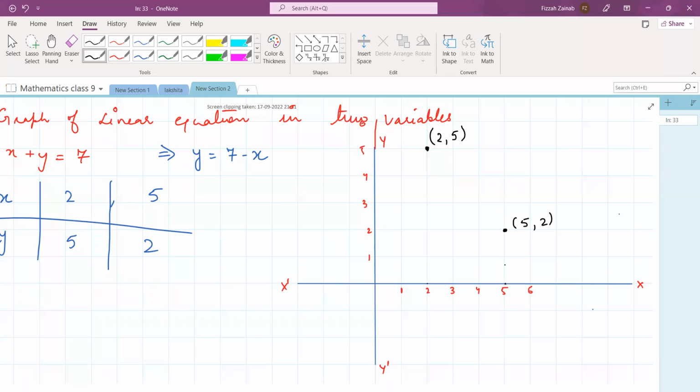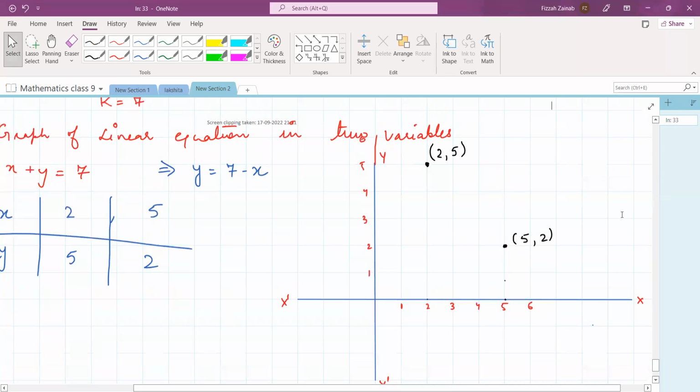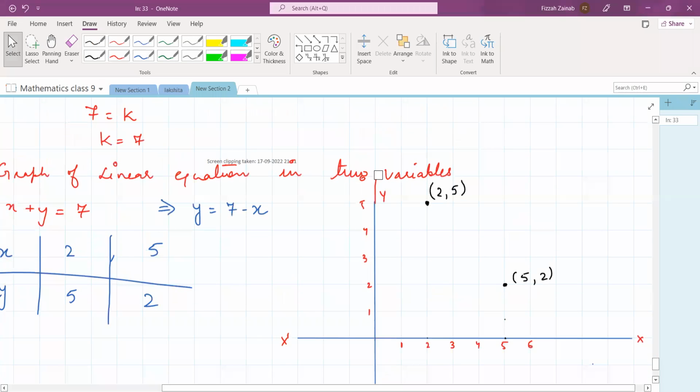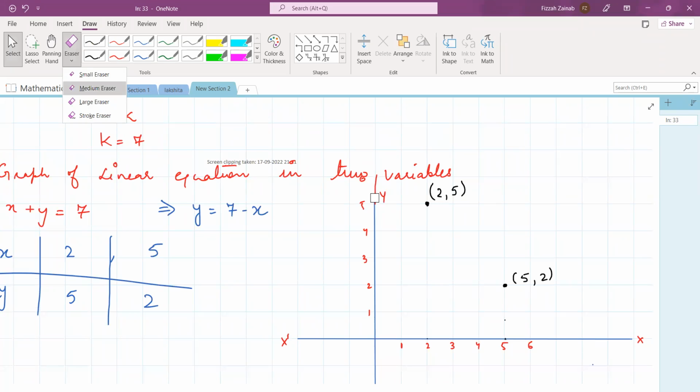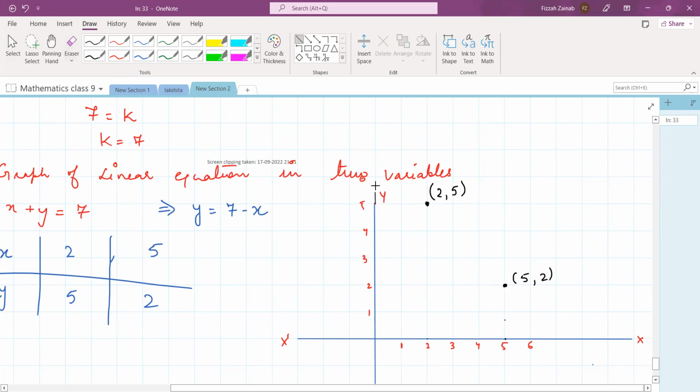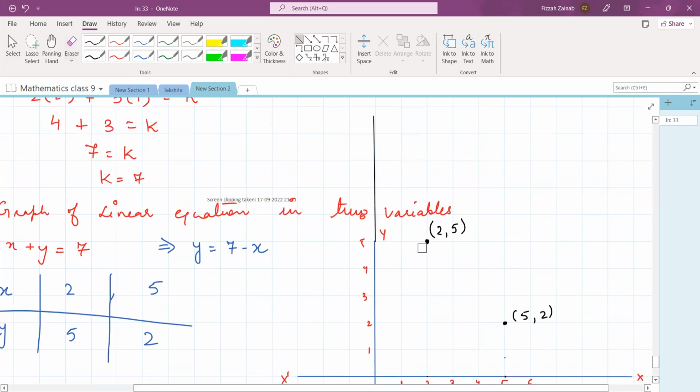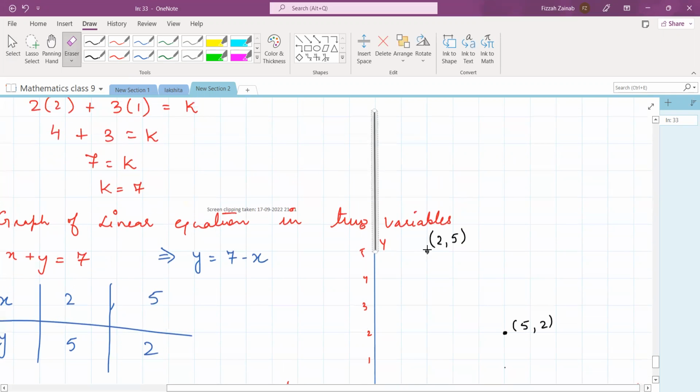So if I want to join this, I need to actually extend my line a little bit, but it's okay. Now you join these 2 points simply, like this, with the help of a scale.